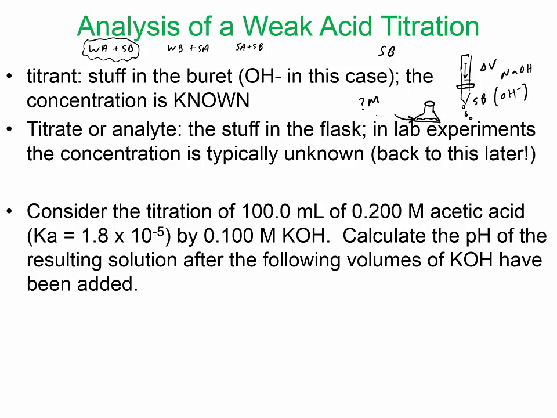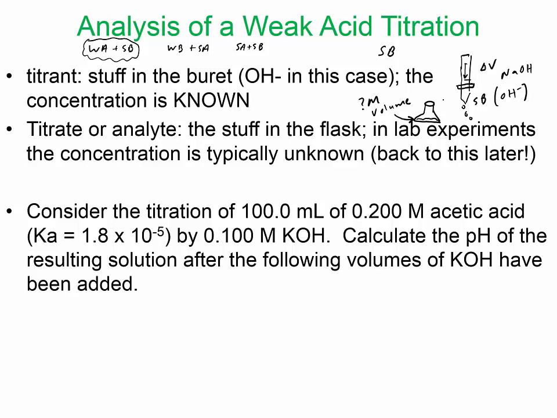All we know is the volume, because we would have measured it. We may not even know the identity of the acid. So you could use titration to figure out the identity of an acid. Based on what pH you're at, you could figure out the pKa, and then figure out what the unknown acid might be just based on a titration curve.